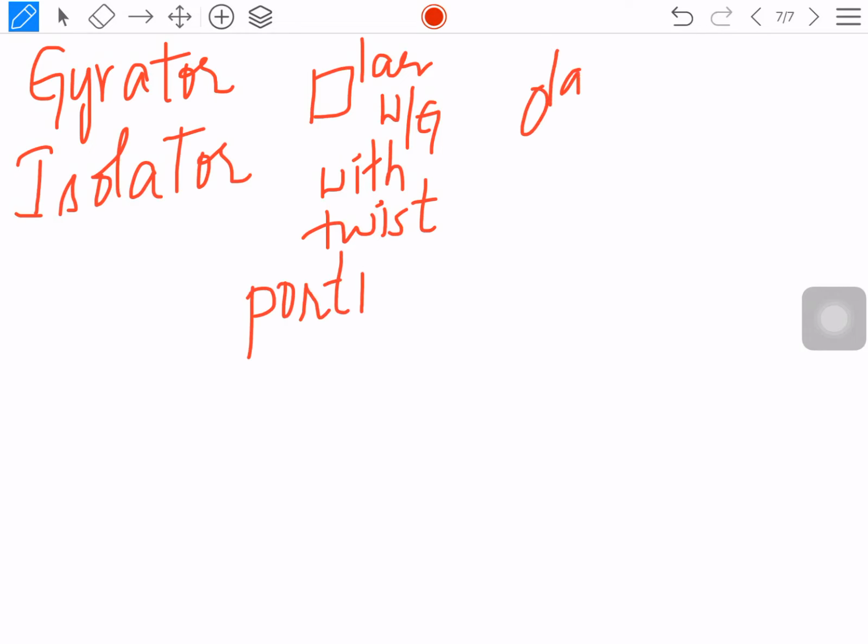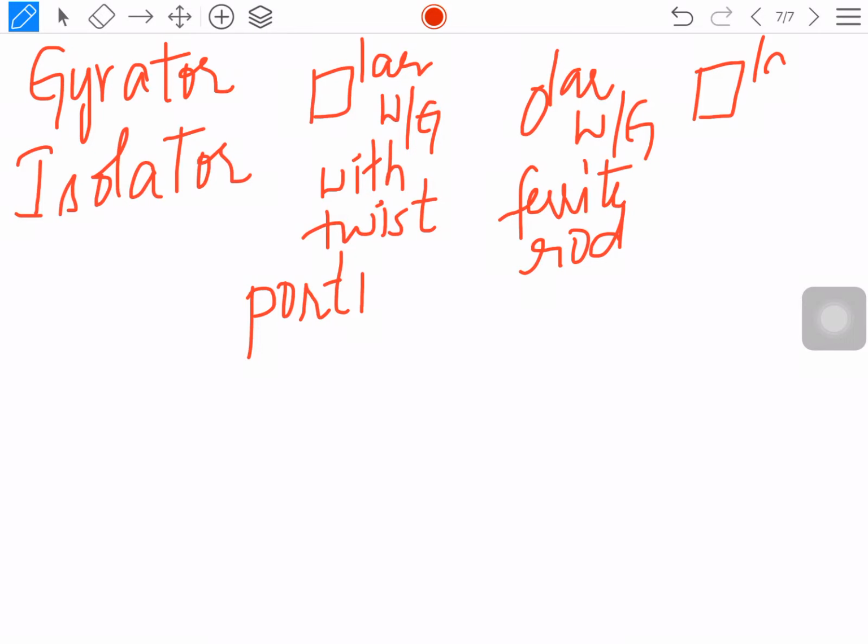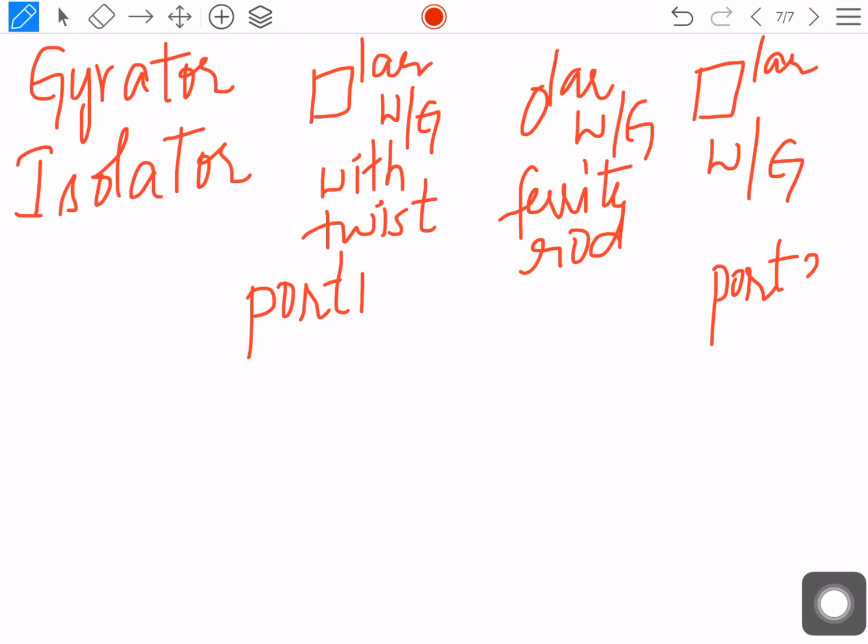Next, a circular waveguide will be there which has a ferrite rod. This ferrite rod exhibits the Faraday rotation. Later on, a rectangular waveguide will be there without any twist, and this is indicated as port 2.